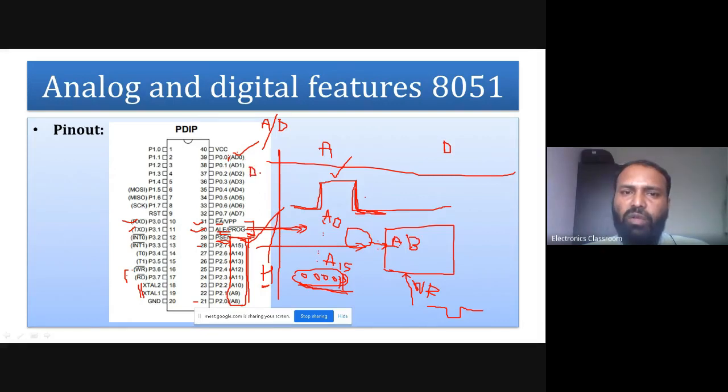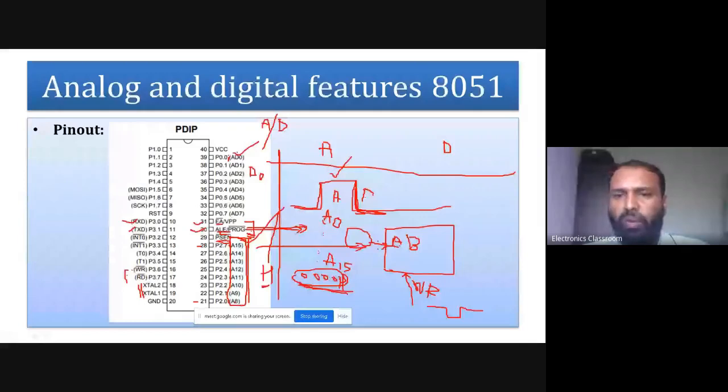All those pins will carry data D0, D1, D2, D3, D4, D5, D6, and D7. So while ALE is high, our pins will carry address. Whenever ALE is low, pins will carry data.